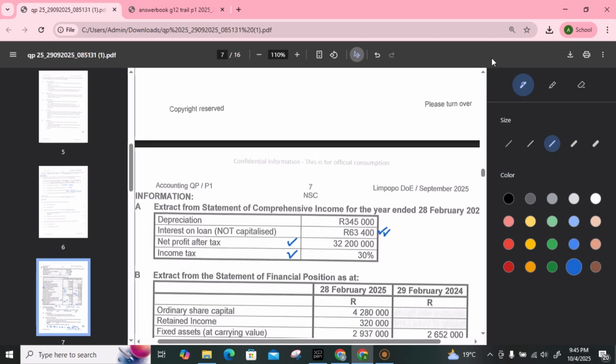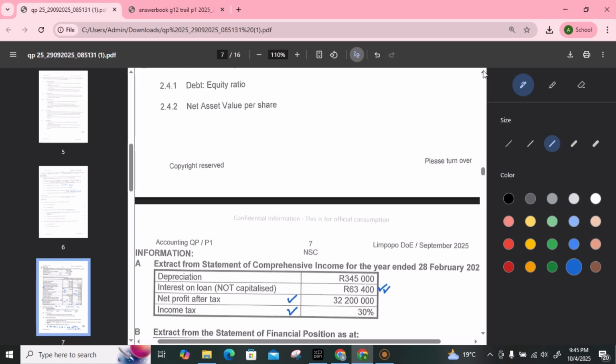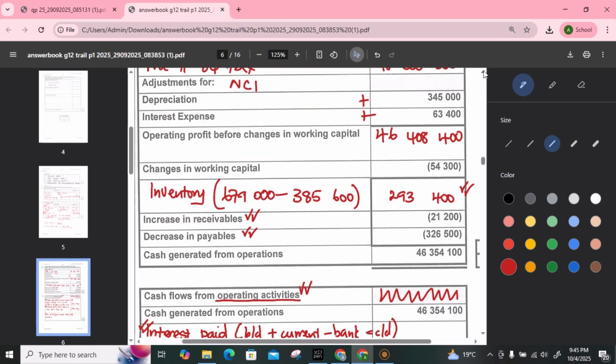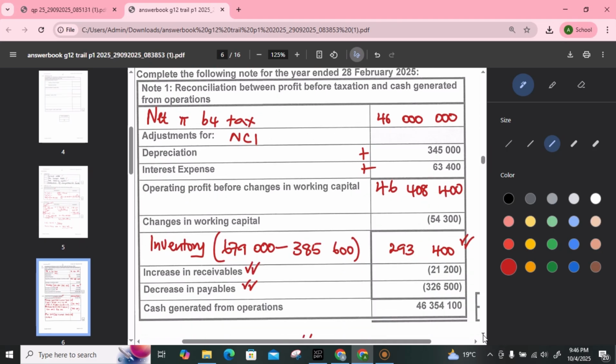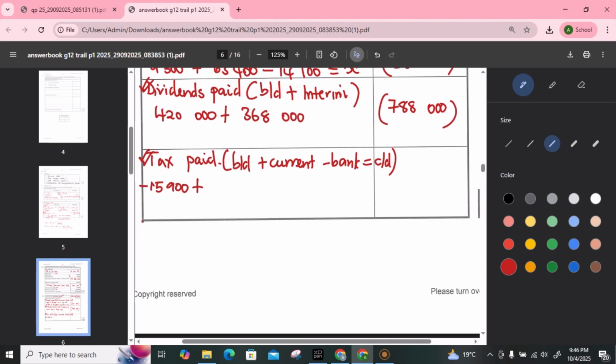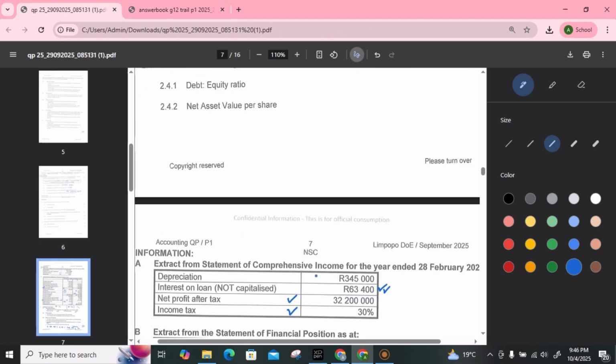So if we quickly do the logic that we need here, let's check our working for income tax. Alright, net profit before tax is 46 million rand, the one that we have posted not so long ago. So if you check 46 million rand, you subtract the amount which was given right here as profit after tax, 32,200,000 rand.